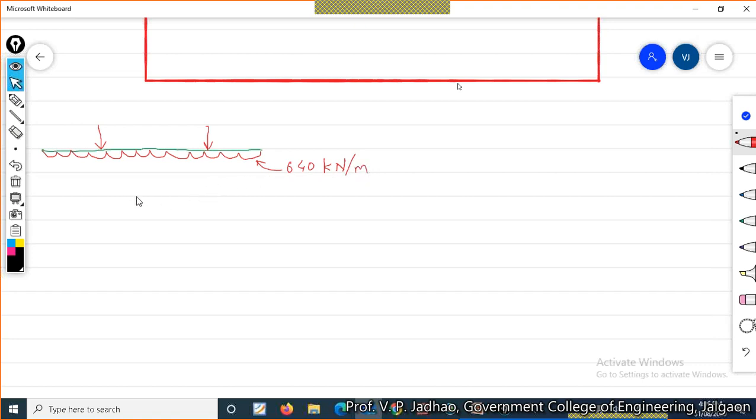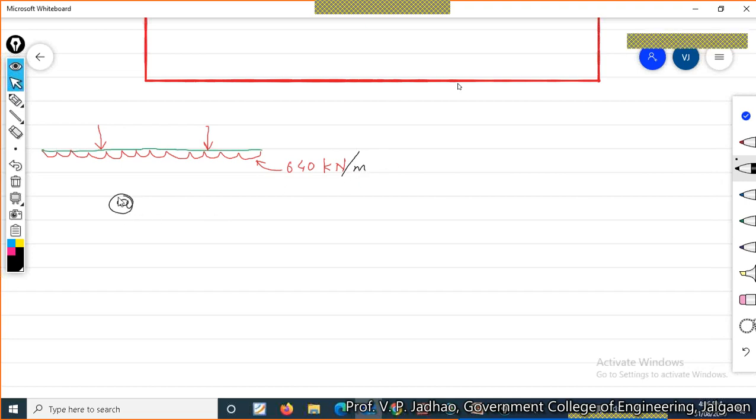And now we have to calculate the shear force and bending moment. So in this step, step number 5, this is again kilonewton per meter.